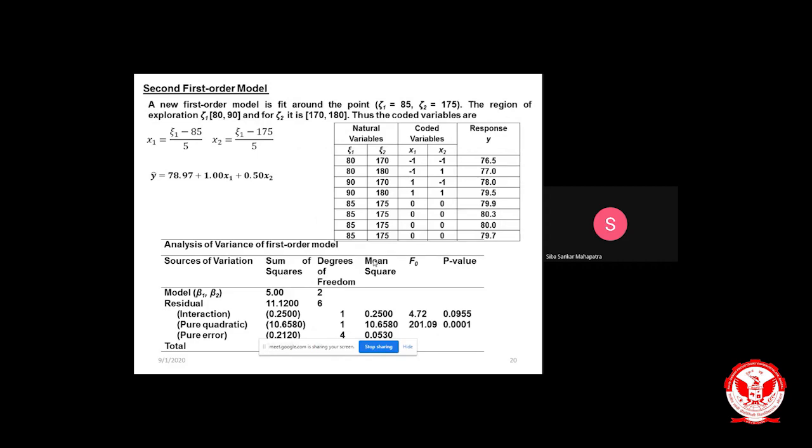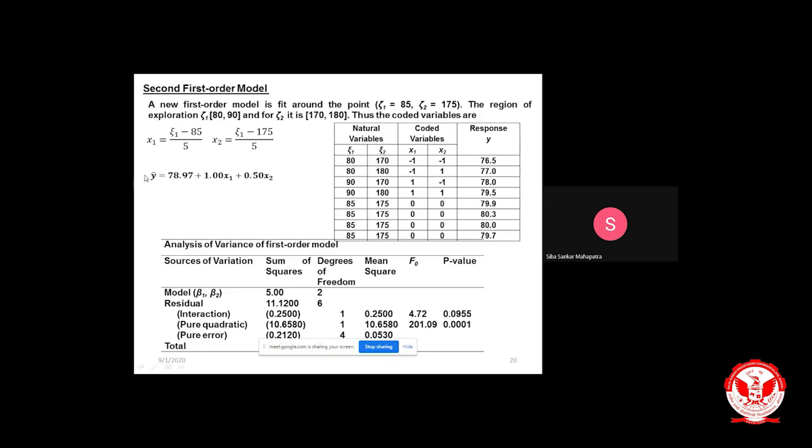In coded form, x1 will be zeta 1 minus 85 divided by 5, and x2 will be zeta 2 minus 175 divided by 5. Then, as I have told you in regression modeling, again we use a regression model.